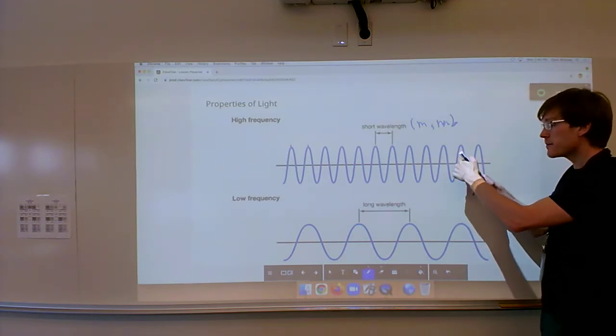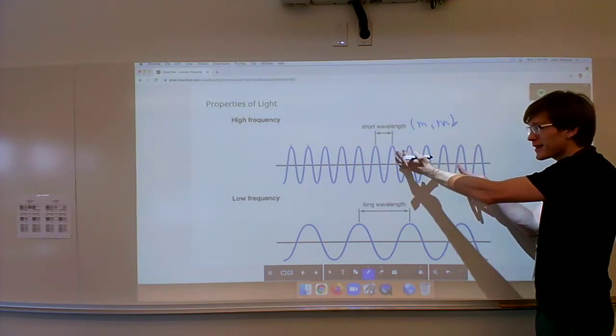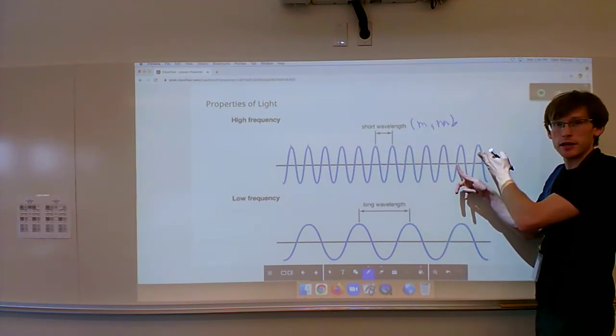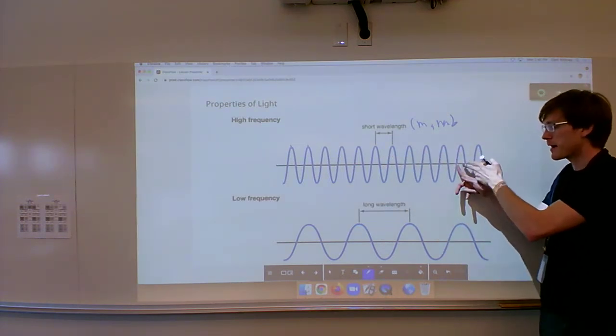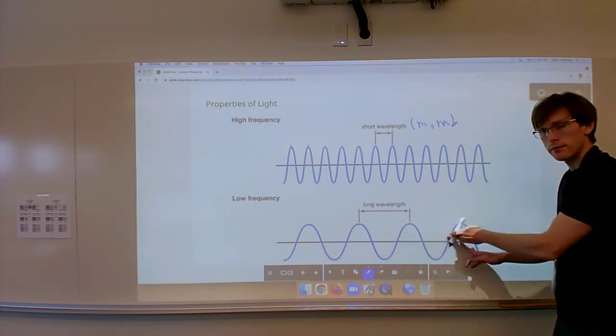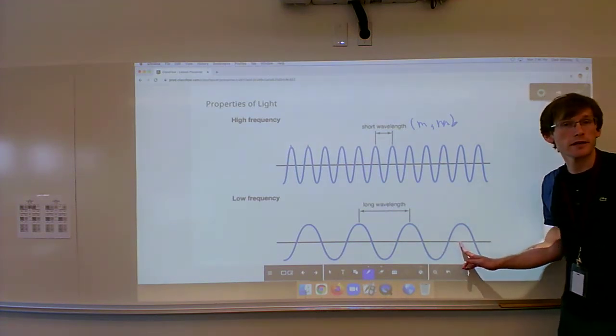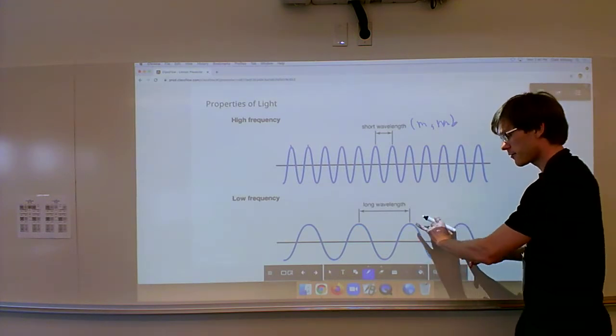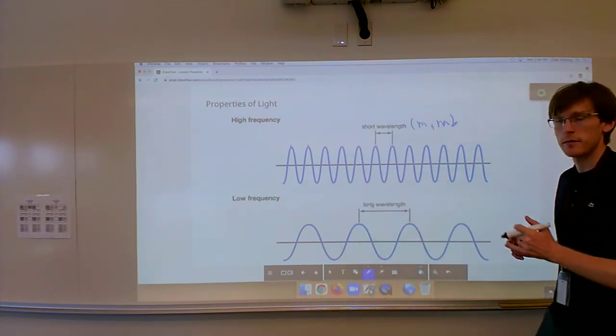So in this case, because the peaks are close together, it's going to be many times per second that the peaks pass by this point. And in this case, well, fewer times per second, because there's more distance between the peaks.